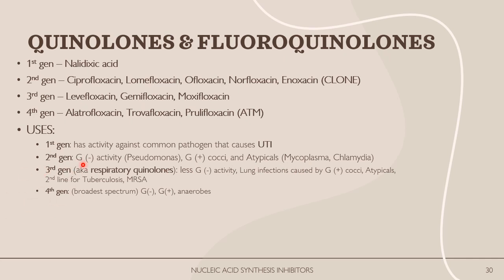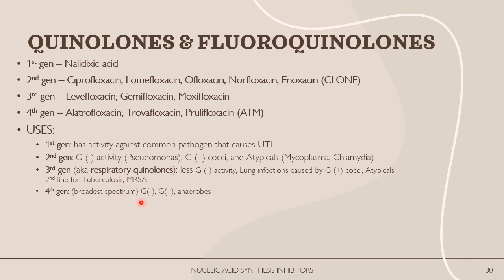And third generation, also known as respiratory quinolones, because they are active against lung infection caused by gram-positive cocci, like your Streptococcus pyogenes. Okay, they're also active against atypicals, and they are second line for tuberculosis, like your aminoglycoside.